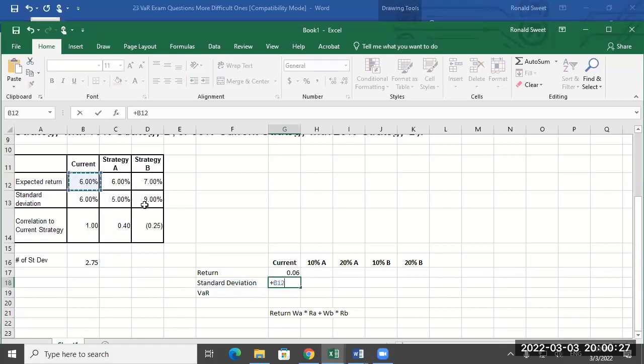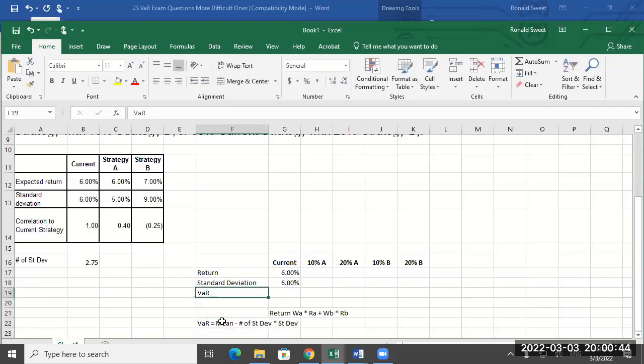It's 6%. So what is our VAR? So remember, VAR equals the mean minus the number of standard deviations times the standard deviation. So we take the mean minus the number of standard deviations times the standard deviation.